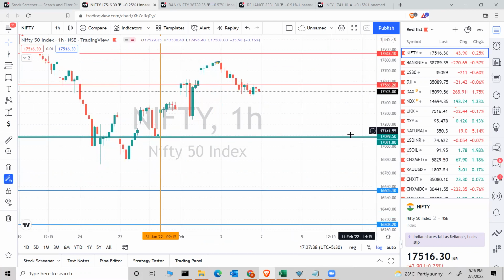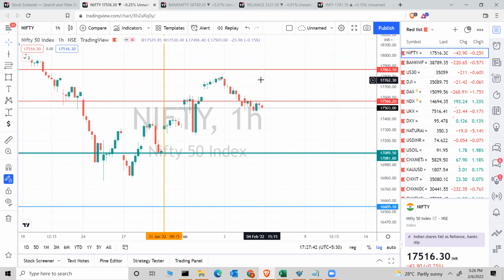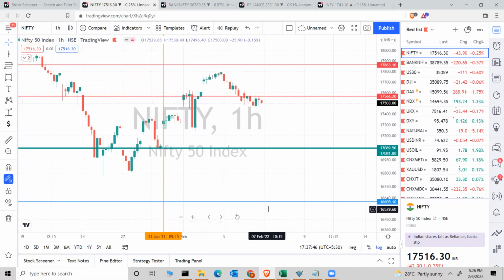If it is closing above this green line, it will go up. If it is closing below this green line, then it will go down. So here the Nifty has opened above the green line. It opened as a gap up and it never came down. It went till R1 and R2.